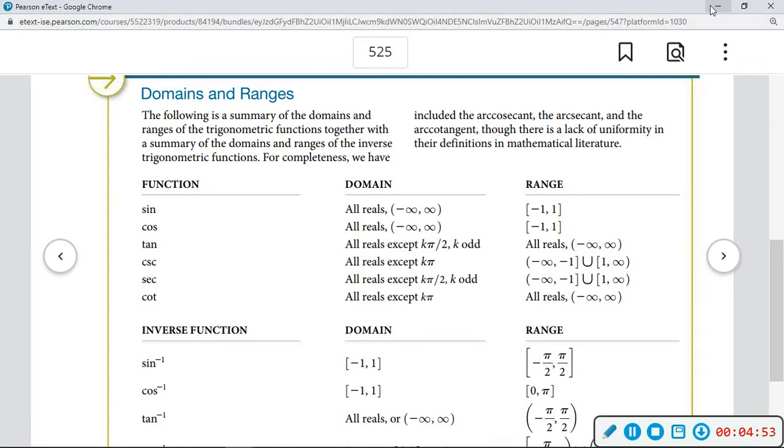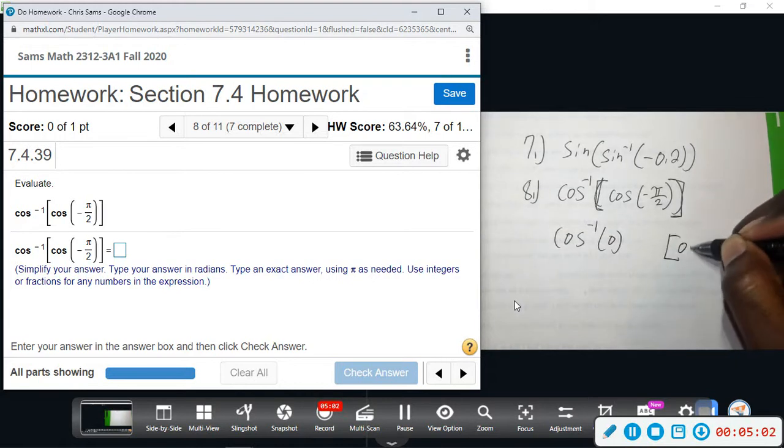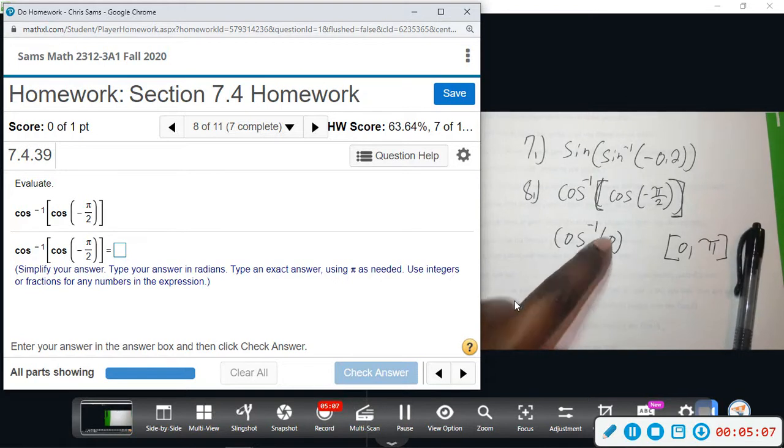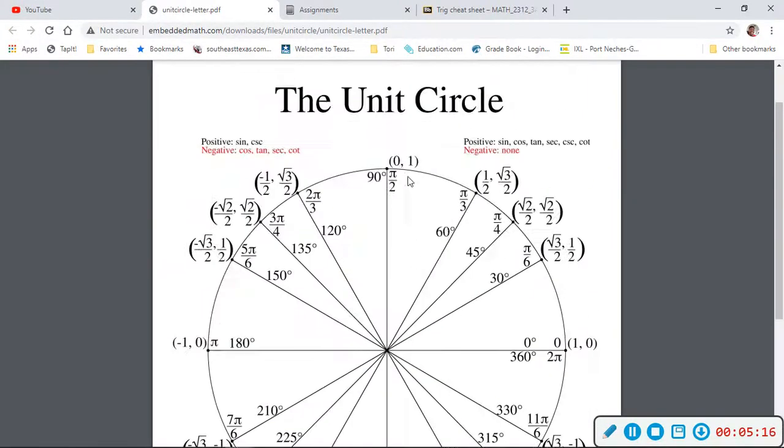We have to be between 0 and pi. So between 0 and pi, this top half, I'm looking for the x value of 0. X value is 1. Here's x value 0. So it corresponds to pi over 2.